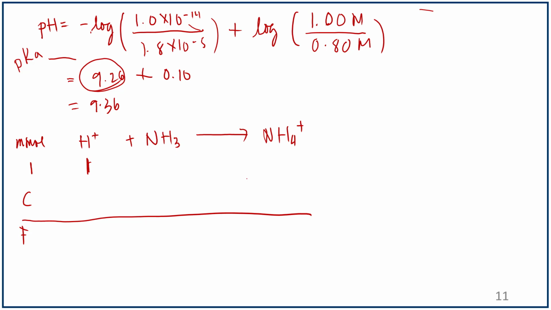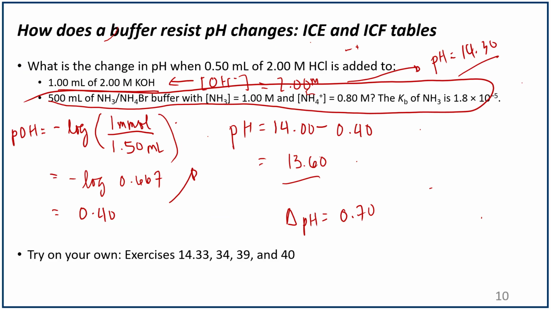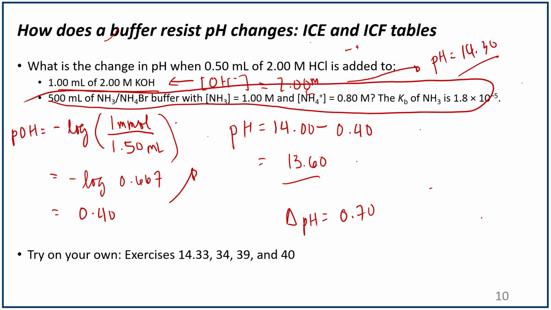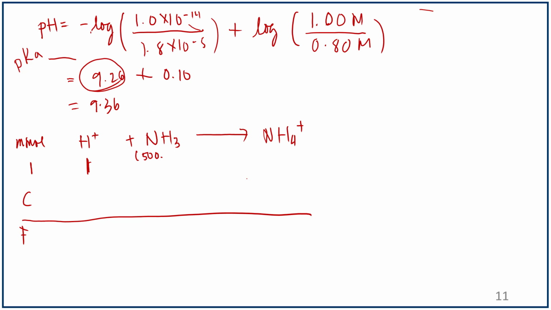Now for ammonia, we have here 1 molar and you have a 500 ml solution, so that should be 500 ml times 1.0 molar. So this one will just be 500 millimoles.